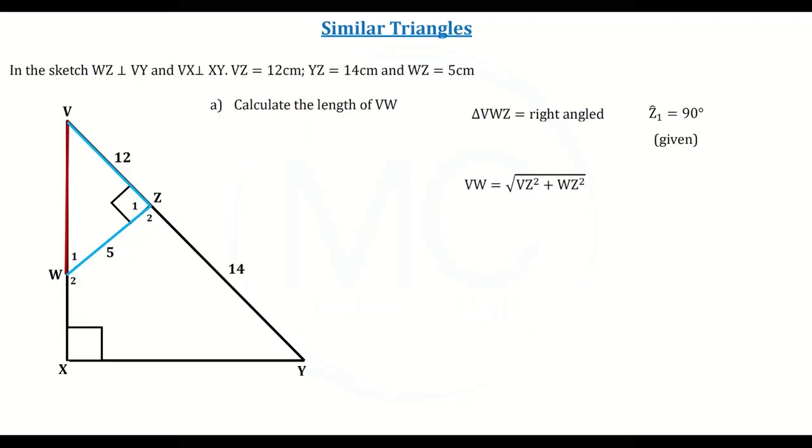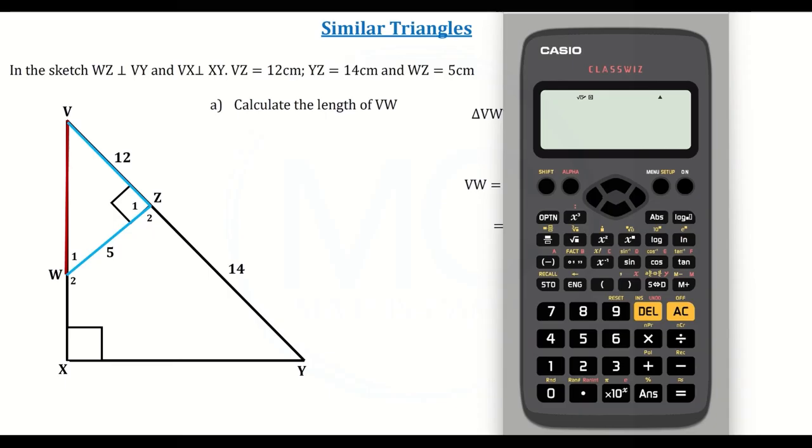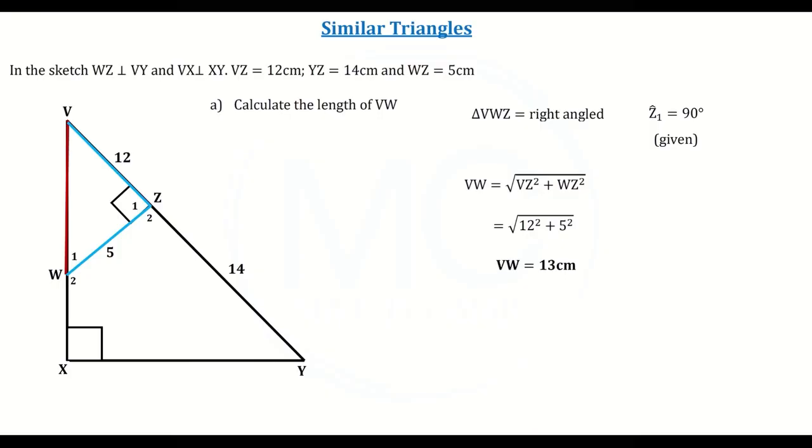Side VZ is 12 units, so we get 12 squared plus side WZ, 5 units, 5 squared, all under a square root. Now we can take a calculator and we can say the square root of 12 squared plus 5 squared is equal to 13. This is the length of VW. Now we can make our diagram black again and make a note that VW is 13 centimeters long.